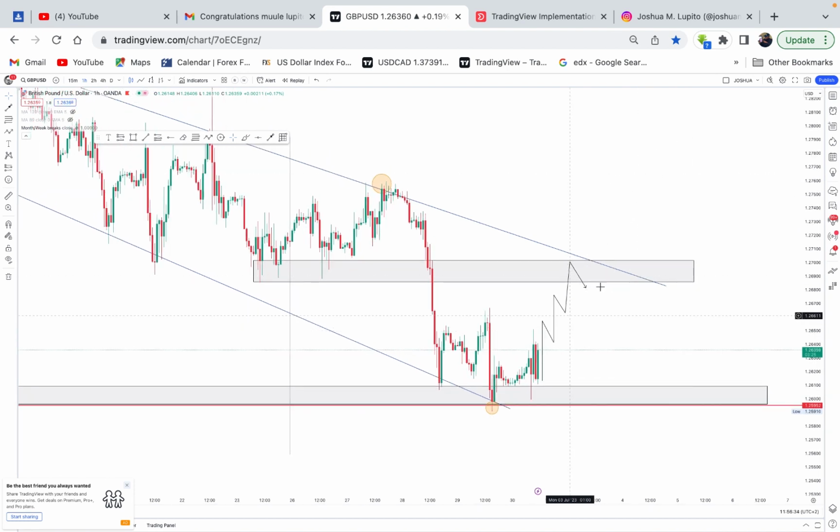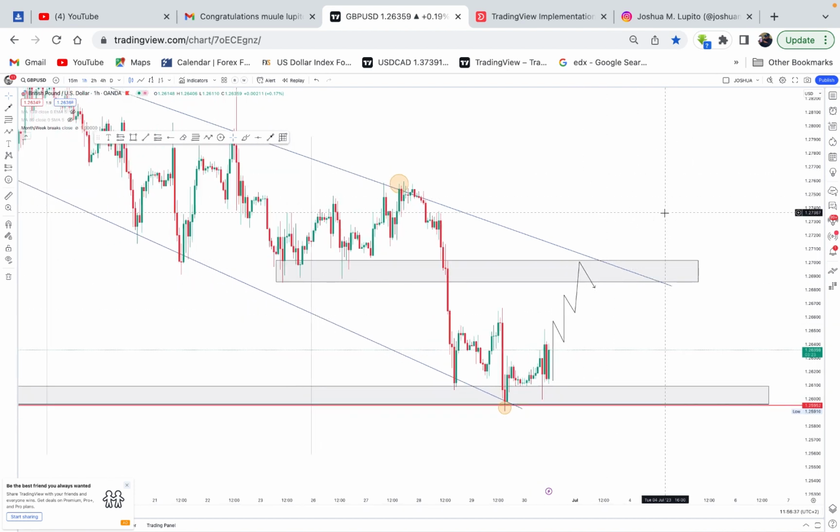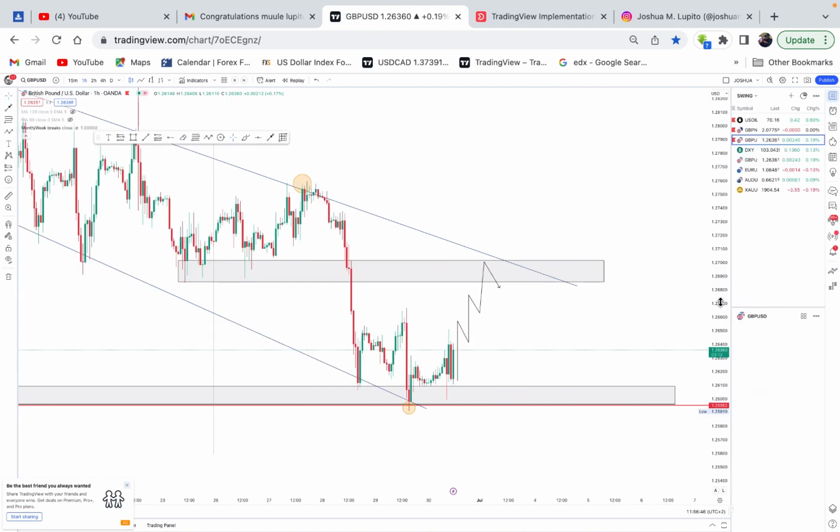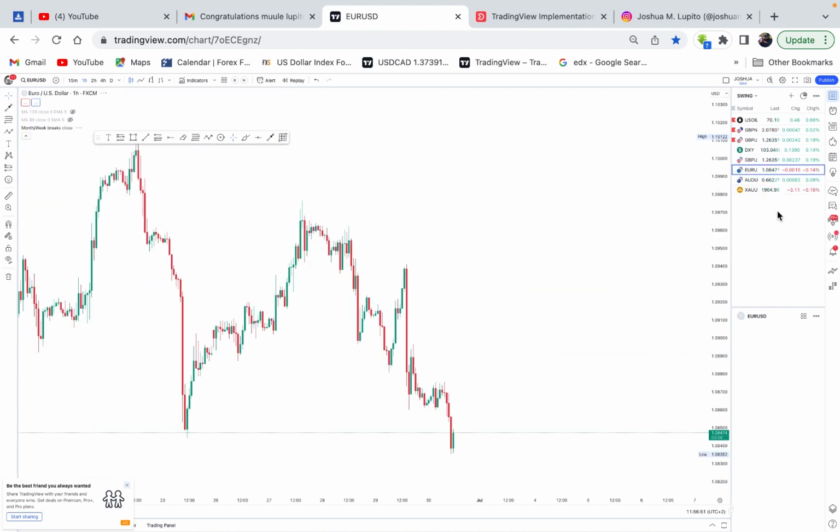So this is what I can anticipate on GBPUSD, trying to see the buyers push further up to this region here. What else is on our chart? EURUSD.